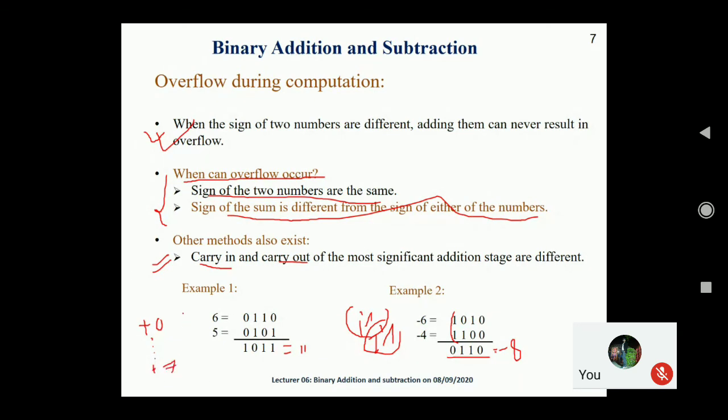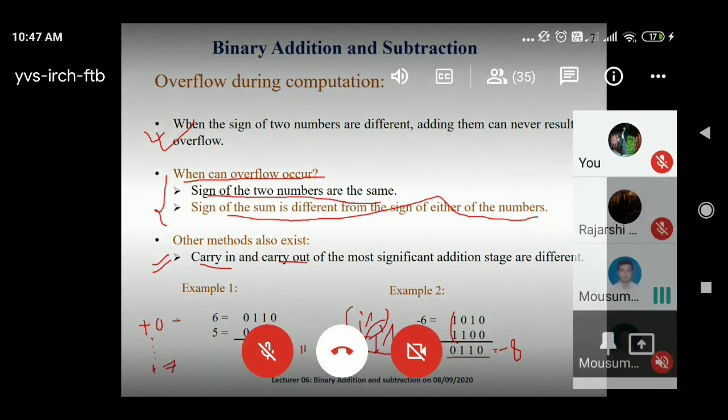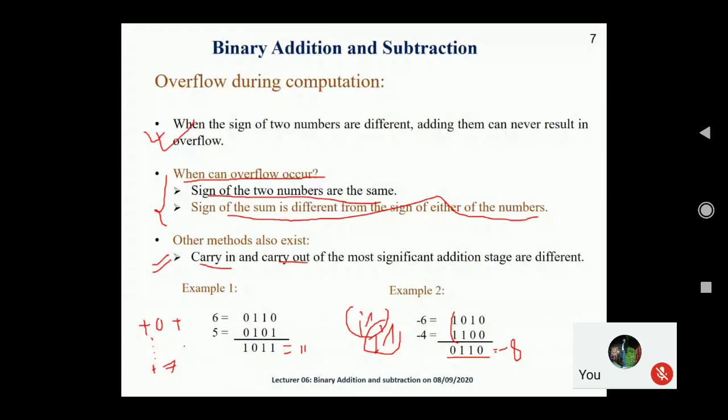And if you are using the ones complement, then we use minus 7 to minus 0. But when we are using the two's complement form, this one is minus 1 and it goes to minus 8. See here, in this first example, our value is 11.